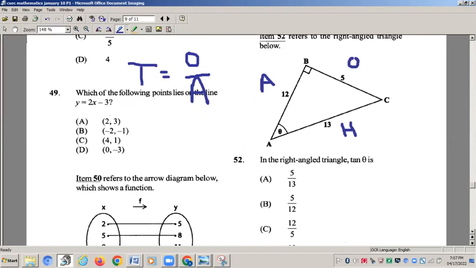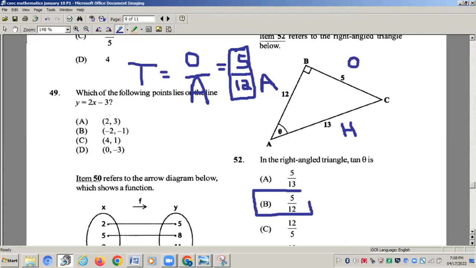And this is the opposite. What value is the opposite? 5. And what value is the adjacent? 12. So the answer is 5 over 12.